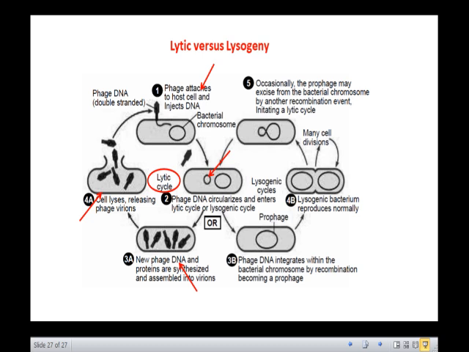On the other hand, it can follow lysogeny. Its DNA remains integrated into the host genome without any harm for ages. Every time the host DNA replicates, the phage DNA also gets replicated. When the lysogenic bacteria face adverse conditions, the phage excises its genome from the host genome and shifts to the lytic cycle.